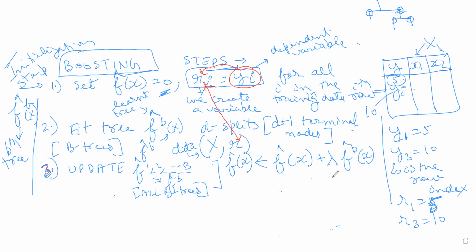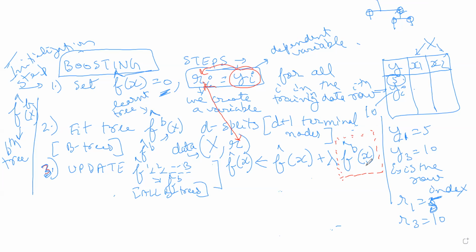So what is the updation rule doing? What is this part? Can you see this red part I'm highlighting? What is this f b of x? This is a decision tree which you have learned. Yes or no? Yes.